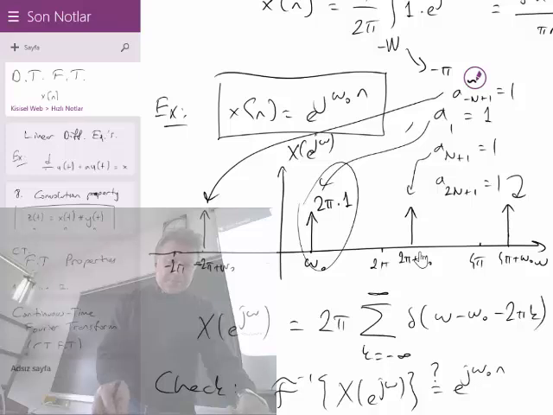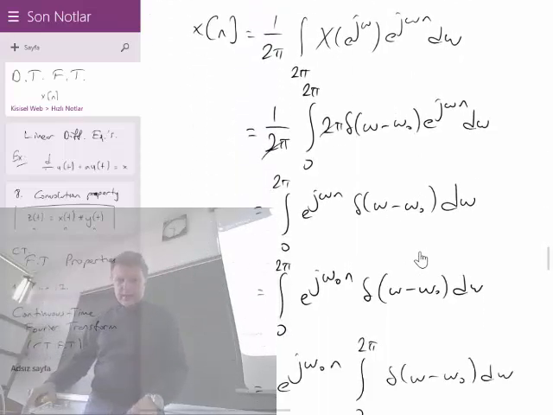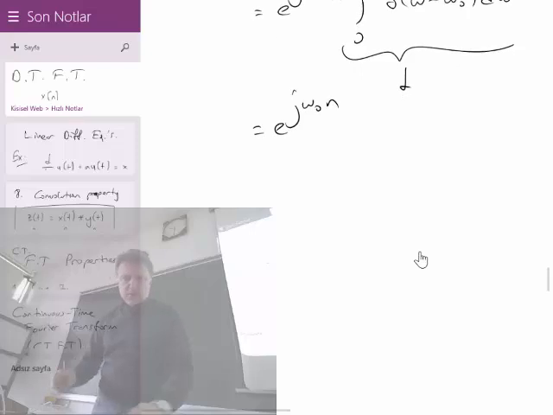E to the j omega 0 n. Alright, so how can we generalize the Fourier series coefficient impulse insertion thing? The general relation, we can say it like this.